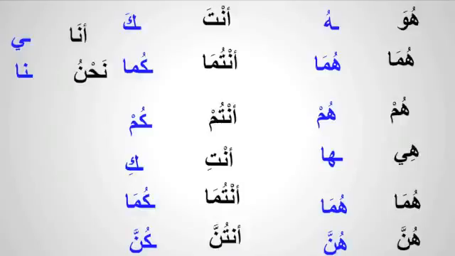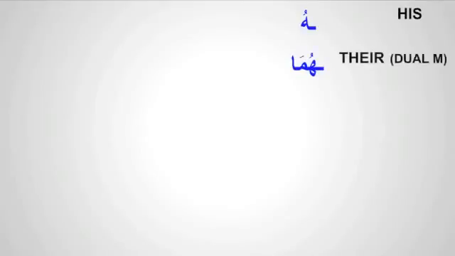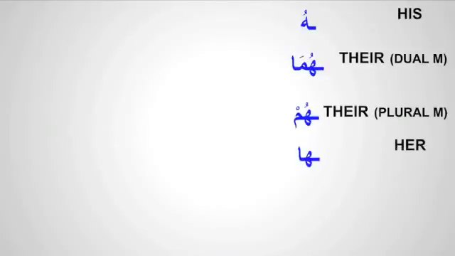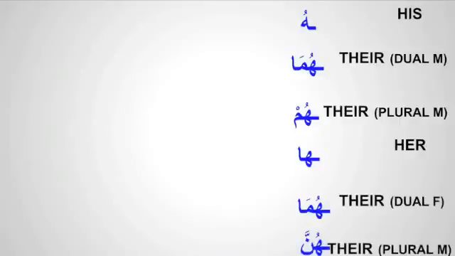So let's do some examples, then it can give us a better understanding, inshallah. Let's understand what these hu, huma, hum, ha, huma, hunna, ka, kuma, kum, ki, kuma, kunna, ya, na mean. Hu means his. Huma means their, two dual males. Hum means their, plural male. Ha means her. Huma means their, dual female. Hunna means their, plural feminine. Sorry, that's feminine, it's a spelling mistake, inshallah.